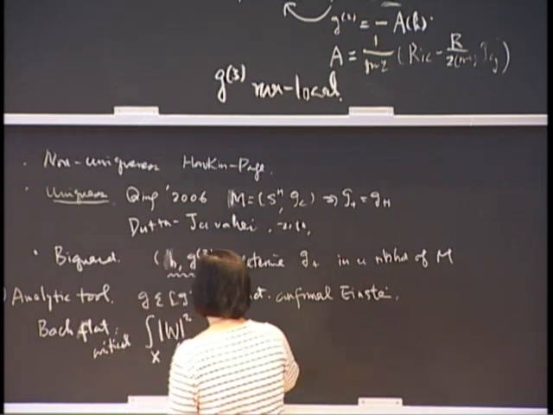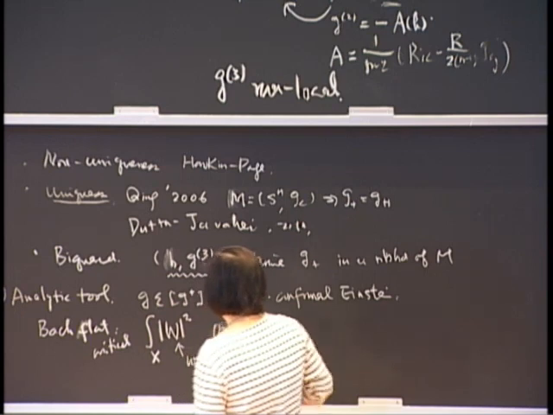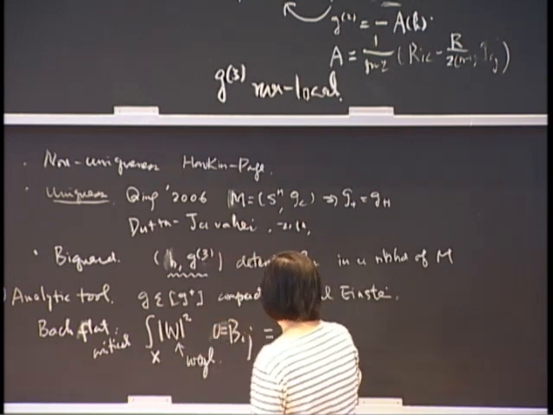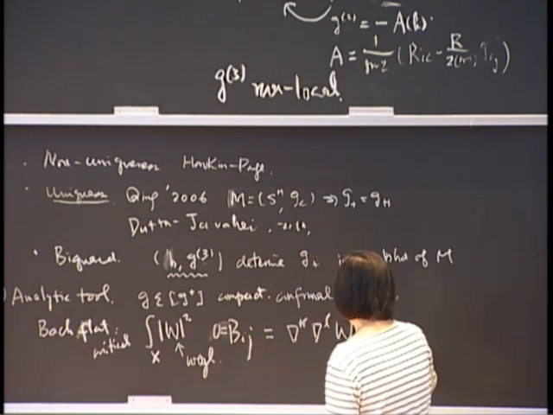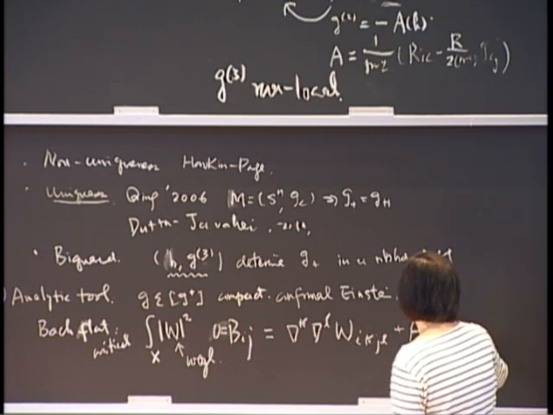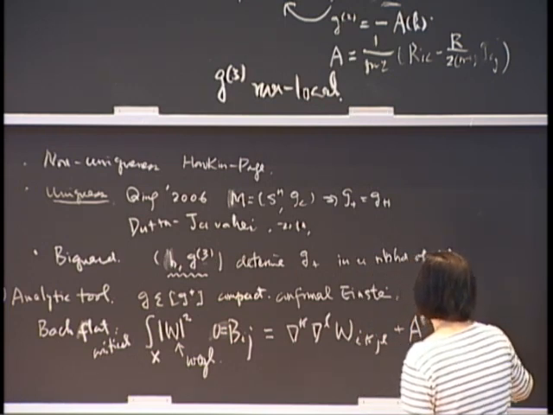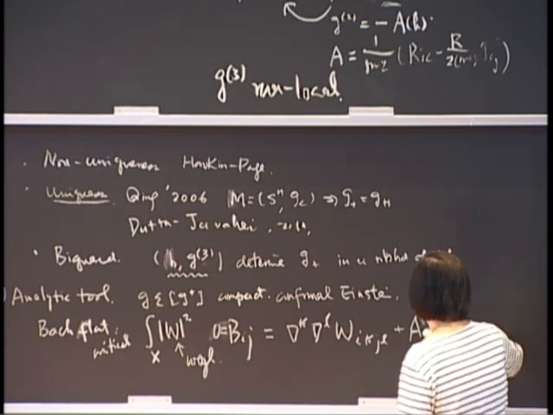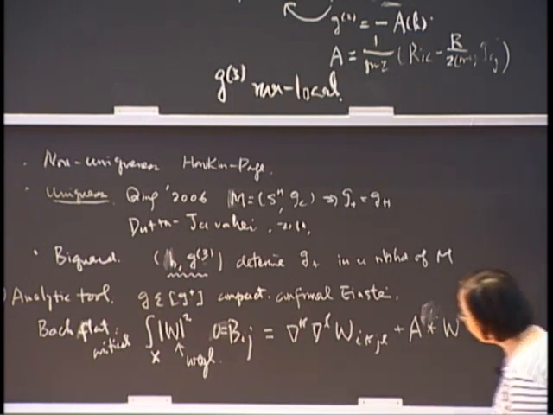So this is Bach-flat, Bij equal to 0. And that Bij is a second derivative of the Weyl tensor plus the Schouten tensor contracted with Weyl. So there is this Bach tensor equal to 0.